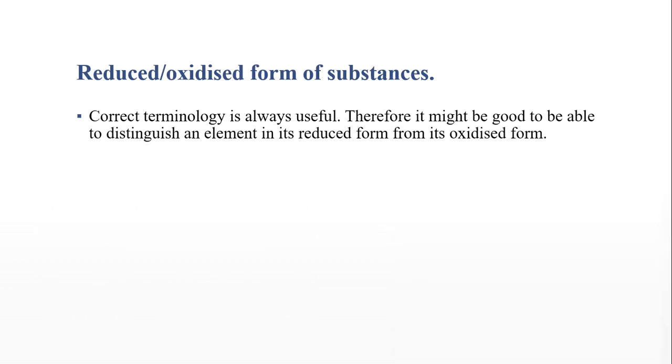And then a final part of the terminology that I'm going to introduce today is the so-called reduced or oxidized form of elements and substances. So it might be good for you to distinguish between elements in their reduced form and their oxidized form, and this differs between metals and non-metals.